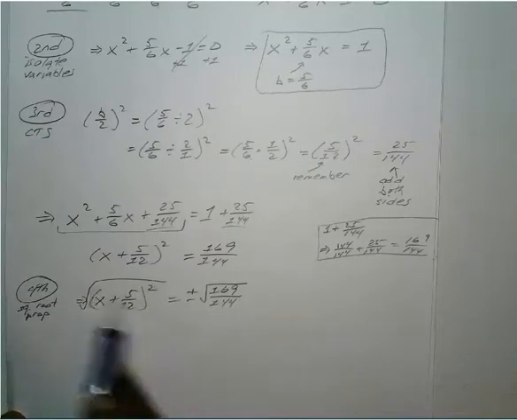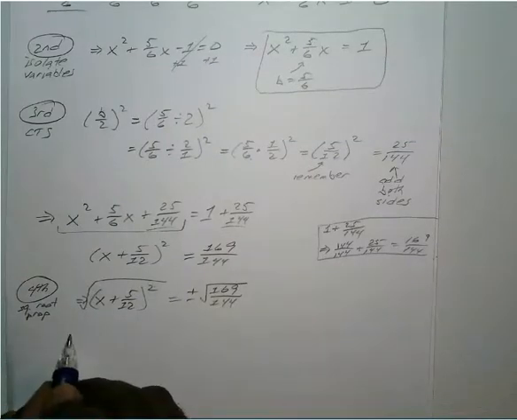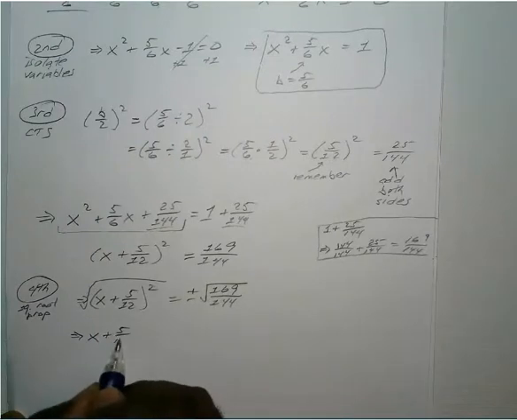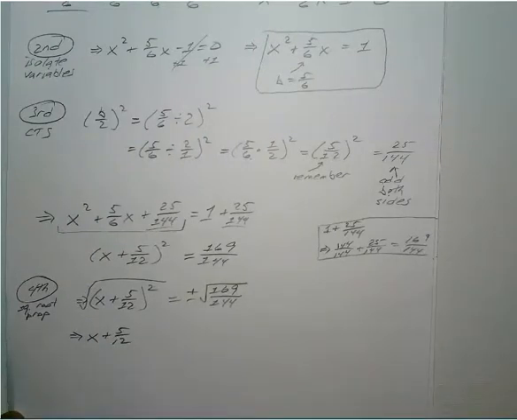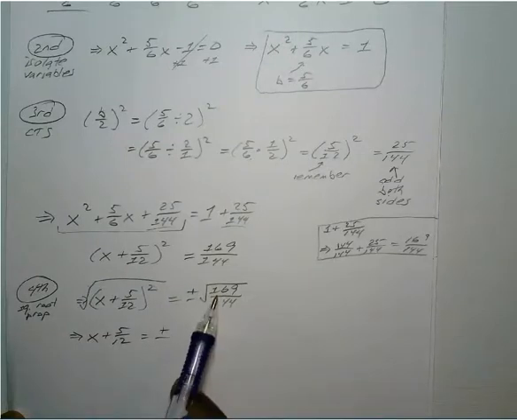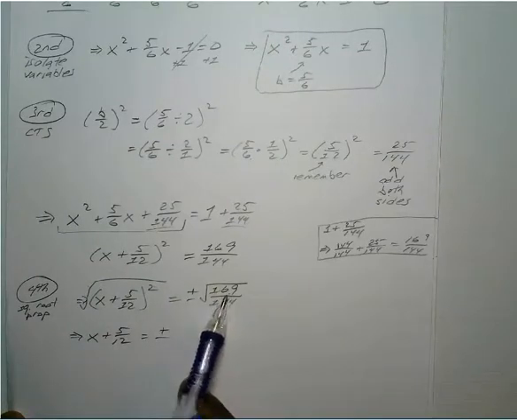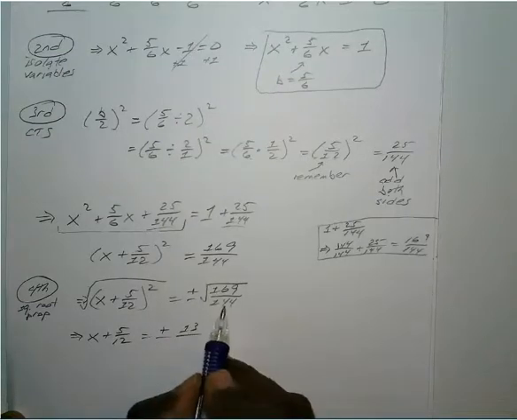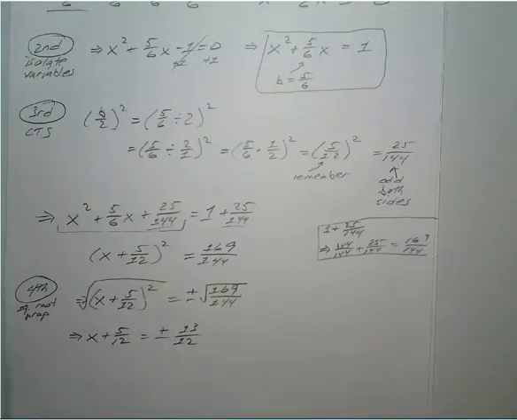Okay, so the square and the square root cancels out. We have x plus 5 over 12 equals plus or minus square root of 169 is 13, and the square root of 144 is 12.